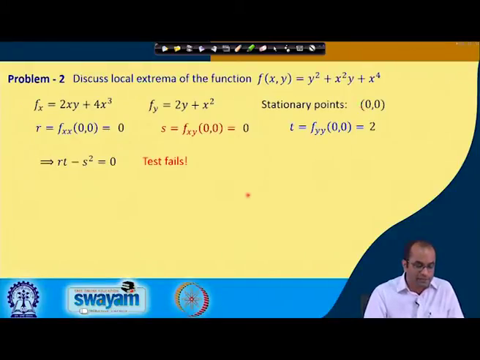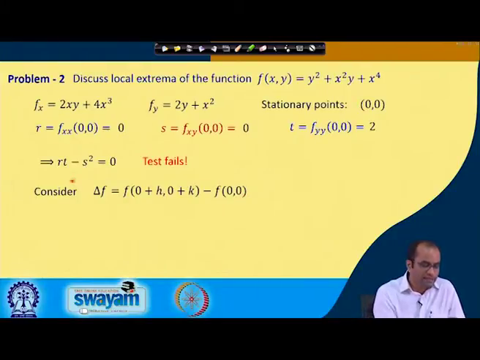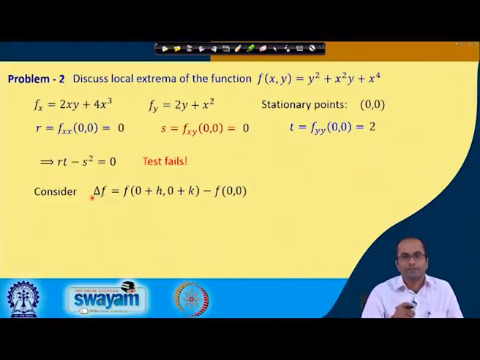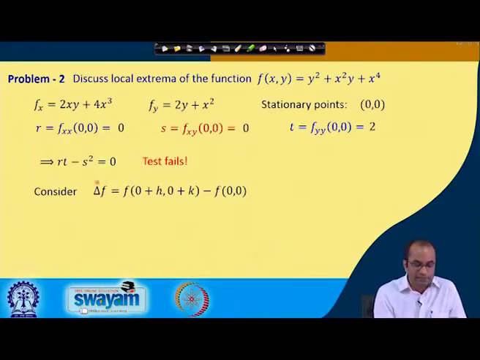So, this test fails, but we can easily identify whether this point is a point of maximum, minimum or a saddle point if we compute directly; the idea was this delta f. Based on the sign of this delta f, we can decide whether this is a point of maximum or minimum. If it is negative, that means this f(0, 0) is larger than the points in the neighborhood, so we have the local maximum in this case.